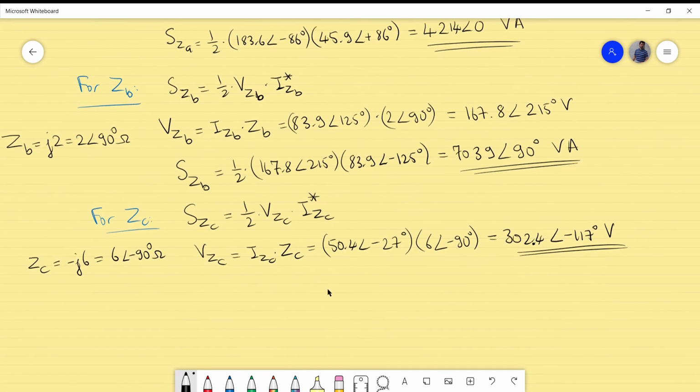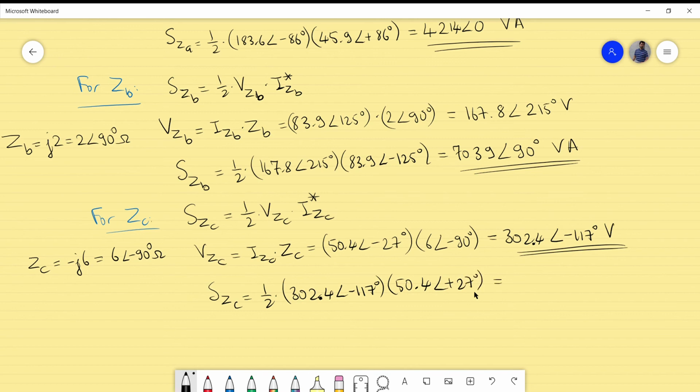Okay, now we have almost the S_ZC also, which is a half times 302.4 phase minus 117, and the complex conjugate of the current, which will be plus 27, so it will be 50.4 phase plus 27 degrees.